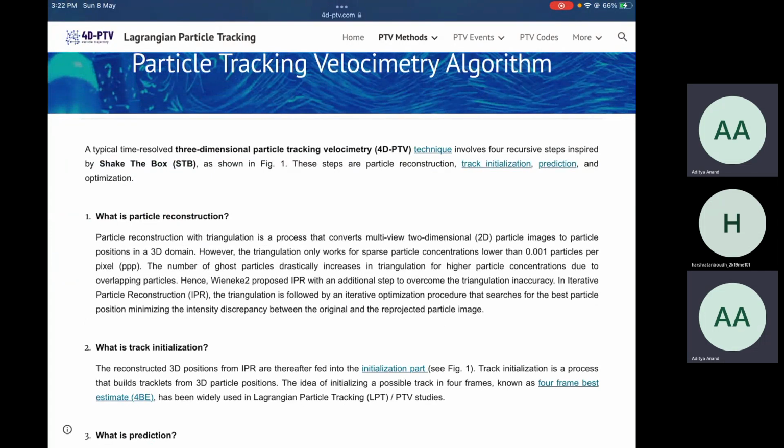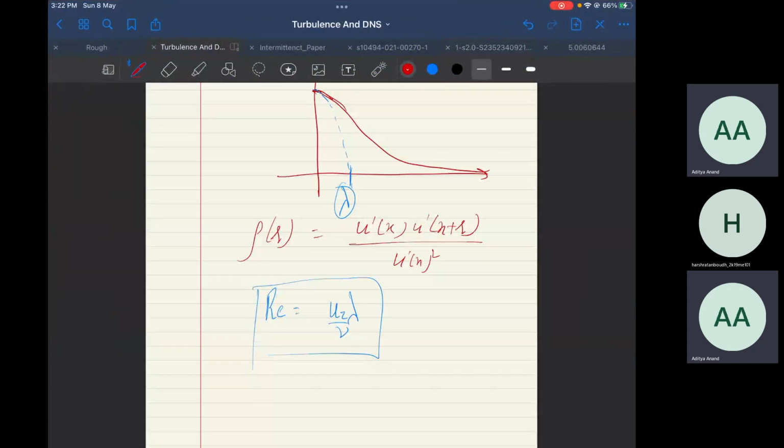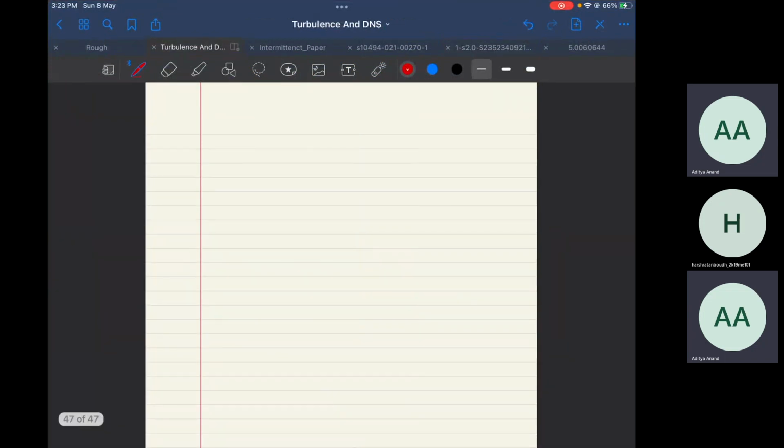So in the tunnel test section, they have some flow here, and they have multiple cameras pointed at the flow.